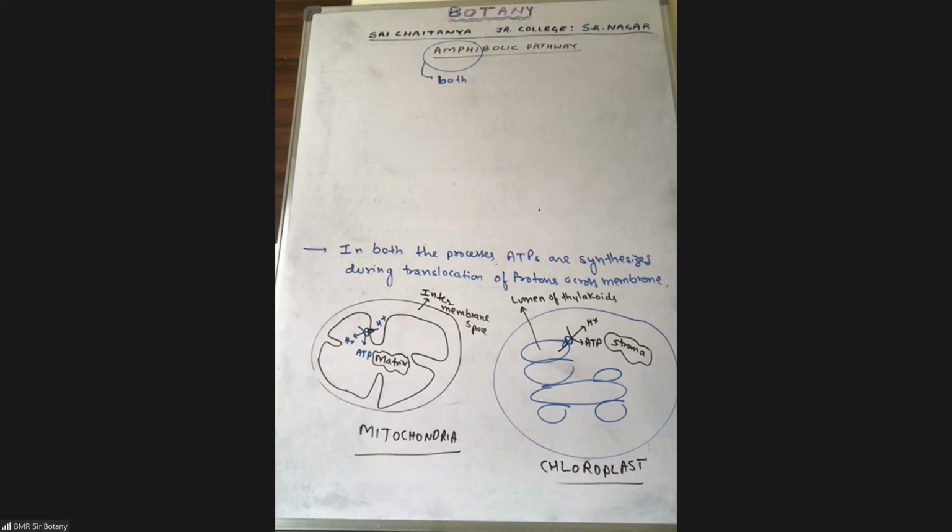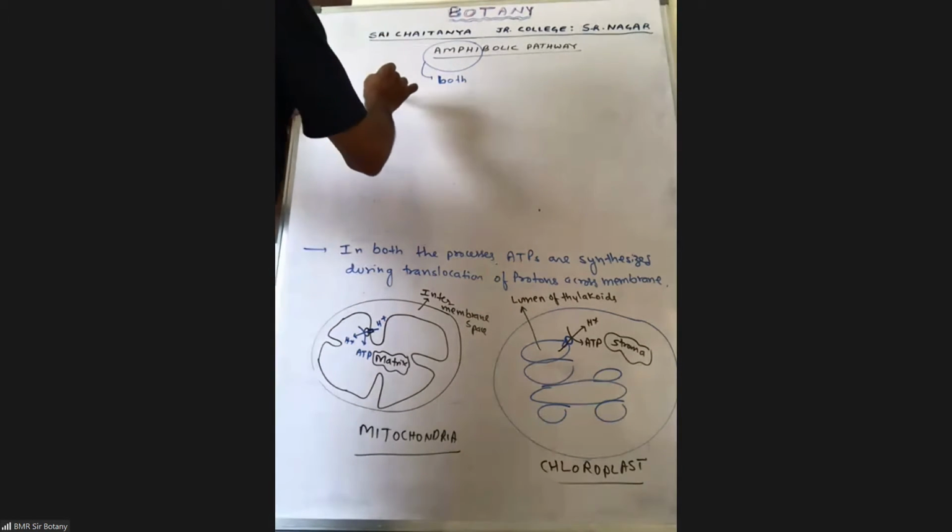Amphitrichous bacteria, what was it? Bacteria with flagella at both ends. Amphitrichous, two tufts, one each at opposite poles. So amphi, diplo, di, meaning same.